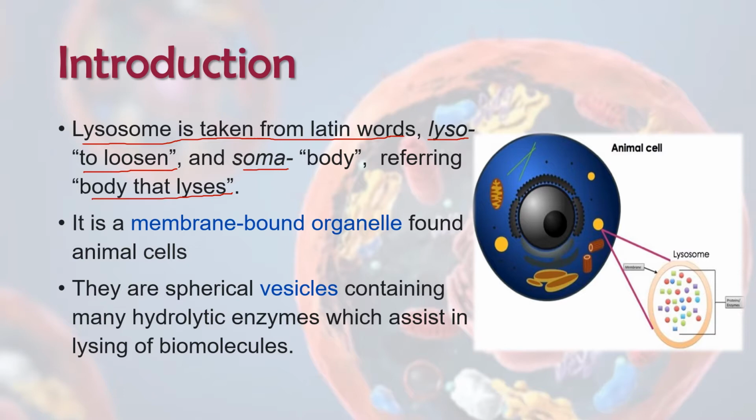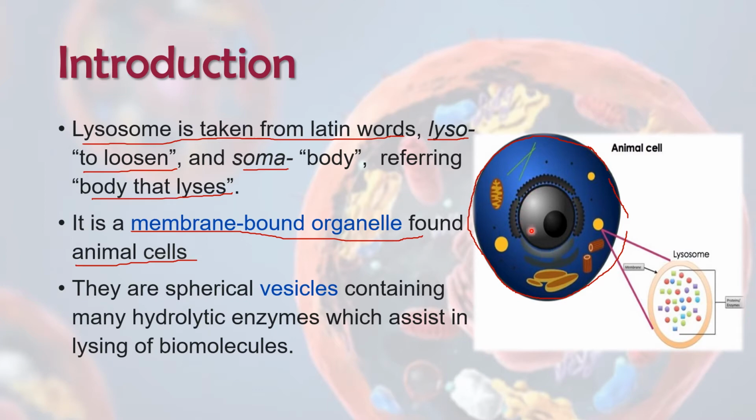So, it is a membrane-bound organelle found in all eukaryotic or animal cells. Suppose, just look at this picture. This is our typical eukaryotic cell, which contains so many organelles. These are so many organelles that are present inside the cell.